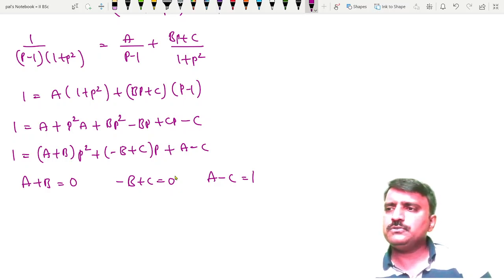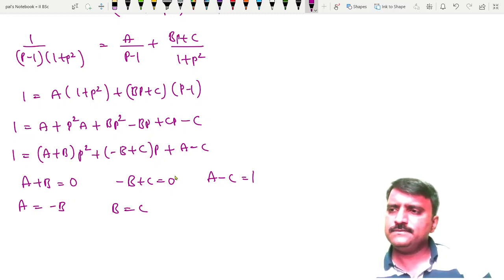So now we have to solve all this. A is equal to minus b, and B is equal to C. If we substitute any of these here, then we have, as I am taking, this is 1, this is 2 and this is 3.